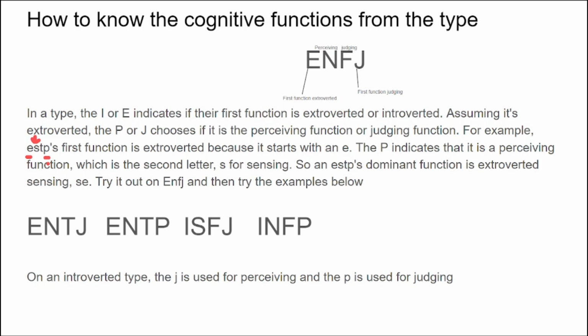What did we decide the first function was? Figure it out. It's SE, right? Yeah. So the secondary function would be TI. That is correct. How did you get to that?